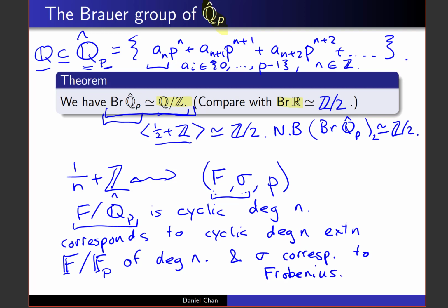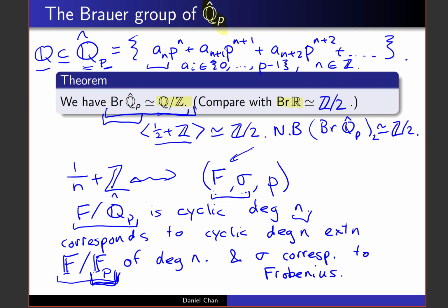So the key point is that if you have a finite field, you know all about the cyclic extensions. This is something that you might learn in a Galois theory course, and you can find a cyclic extension of degree n. In the case when n equals 2, you can find a finite field which is a degree 2 extension of F p. Okay, and that's the one that's going to be used here.